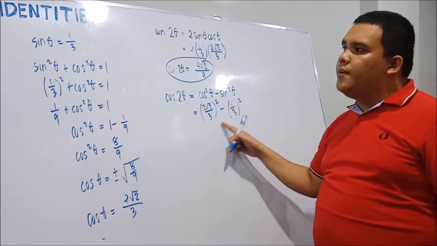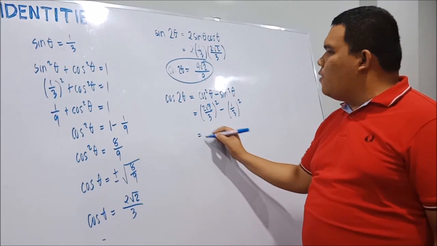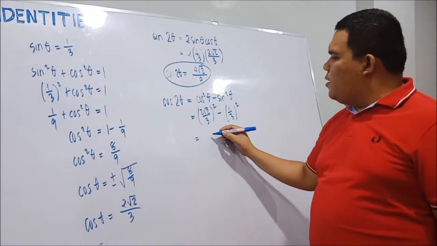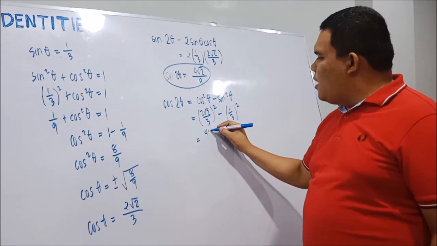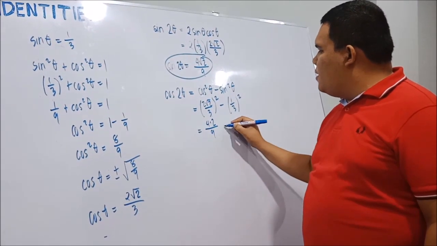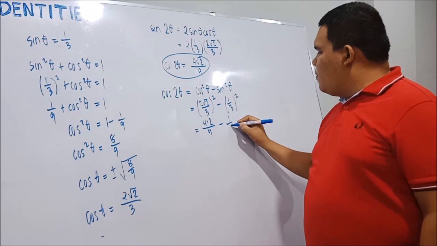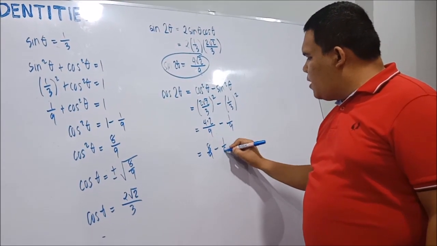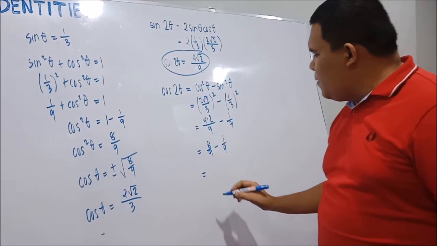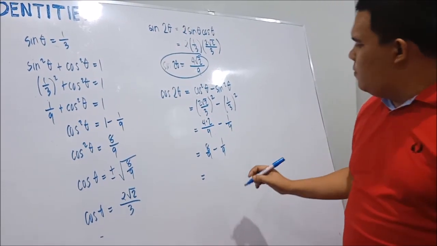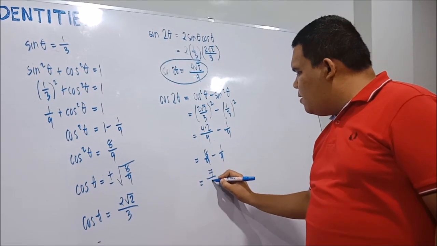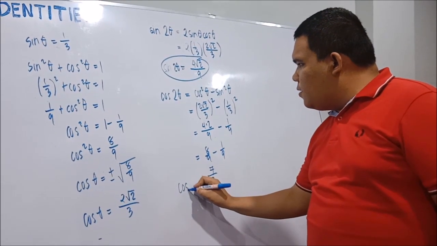So these are the values of our sine theta and cosine theta we have solved a while ago. So 2 square root of 2/3 squared is just 4 times 2/9 minus 1/9. This is just 8/9 minus 1/9. We simplify this, we get 7/9.